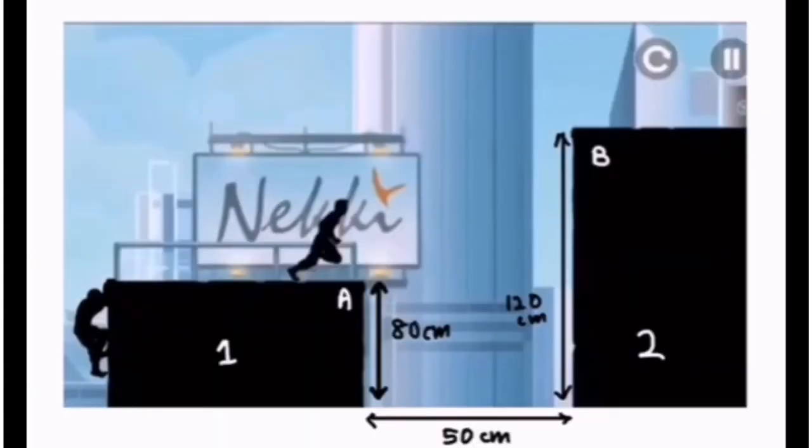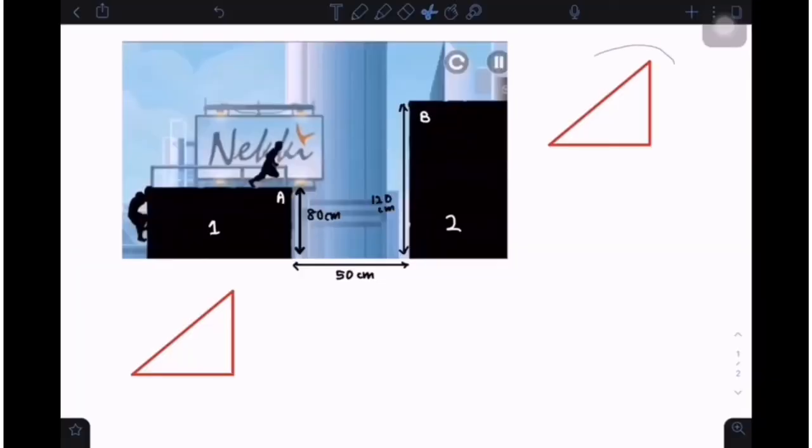So now let's see the example given here. It is given 80 cm height for building 1 and 120 cm height for building 2, and the distance between the two buildings is 50 cm. So first, we are going to draw a triangle here, and we have to find the angle, which is theta.